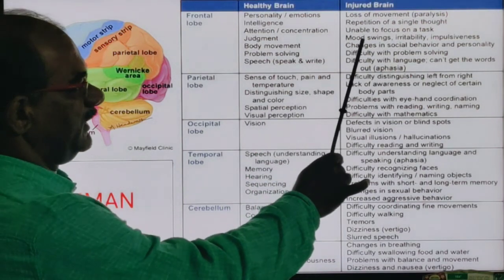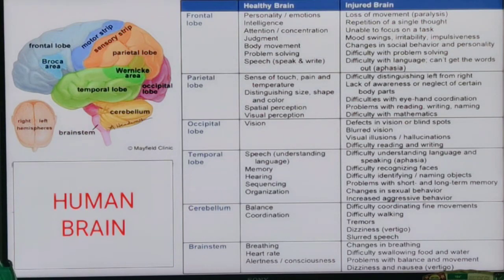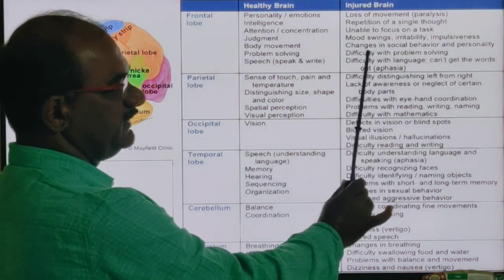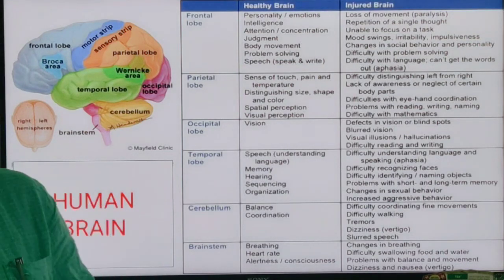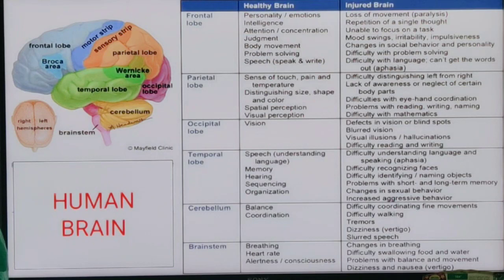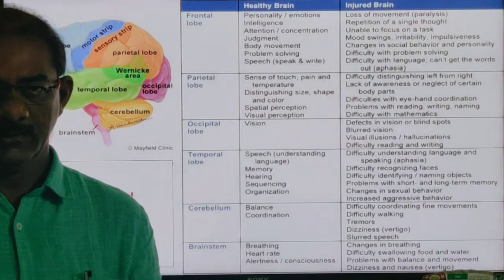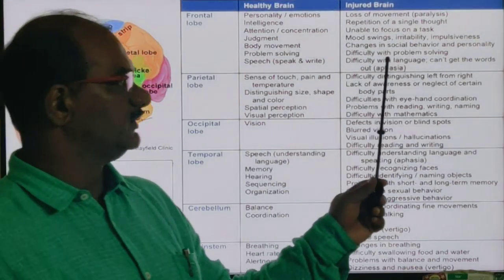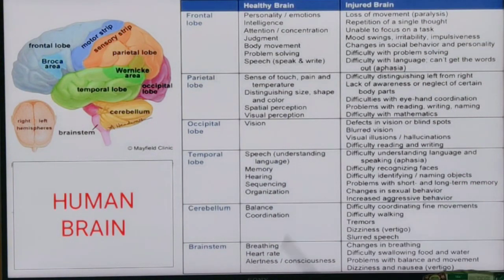There may be inability to focus on a task, mood swings, irritability, impulsiveness, and changes in social behavior and personality, as well as difficulty in problem solving and difficulty with language, being unable to get the words out. So aphasia and agraphia occur if the brain is injured.